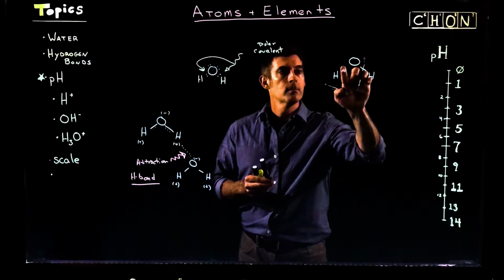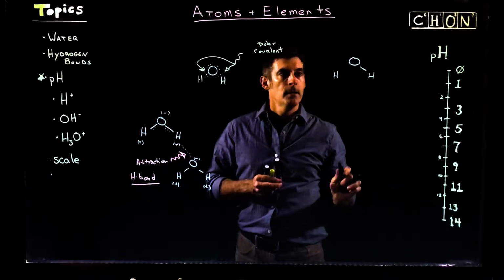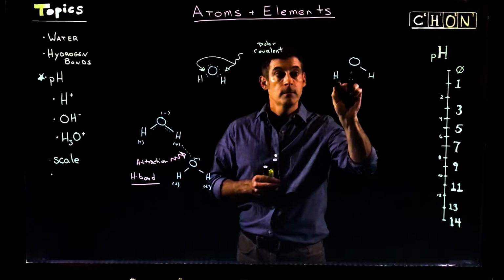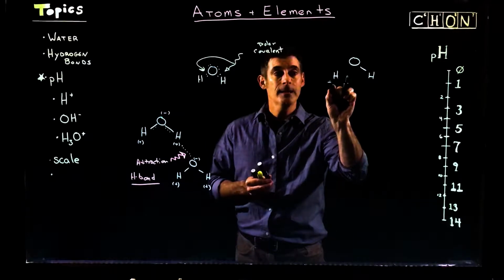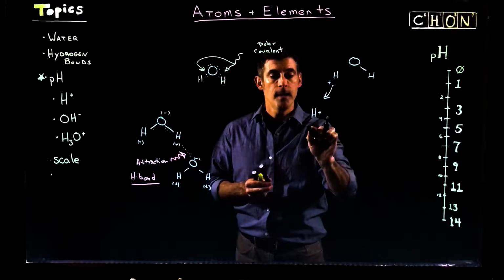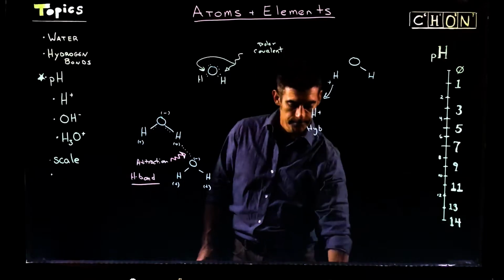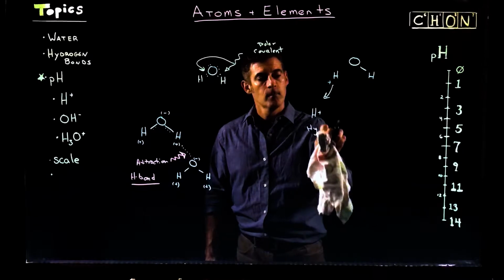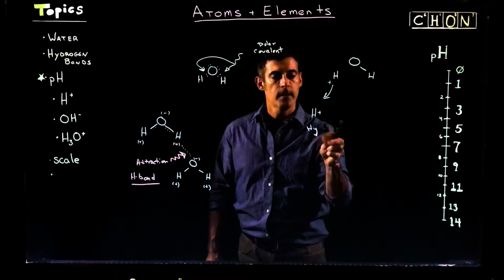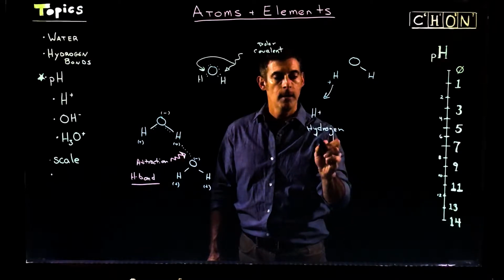So in this case, what would happen if this hydrogen, who was sharing an electron with oxygen, lost the electron completely? This would now become simply a hydrogen ion.